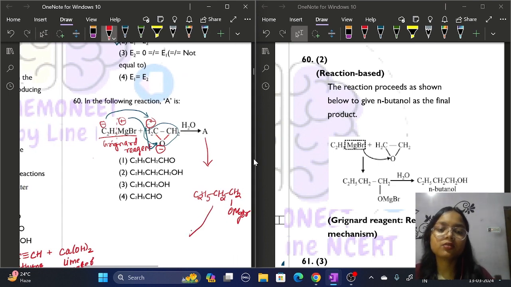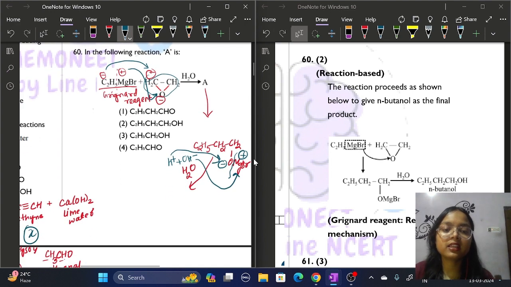So workup means adding water. We know that water also splits into two ions, H plus and OH minus. MgBr will always acquire the positive charge and oxygen will have the negative charge. So this OH minus will move towards the positively charged MgBr, and this positively charged hydrogen will move towards the negatively charged oxygen.